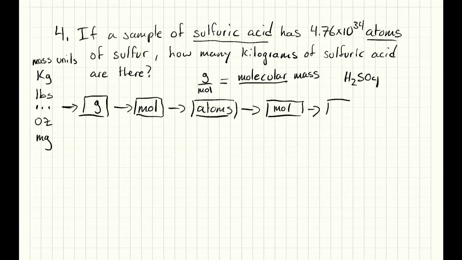We go back up to grams. Again, to go from atoms to moles, that's Avogadro's number, 6.022 times 10 to the 23. And then from moles to grams, that's where we use our molecular mass to do that calculation. And once we're in grams, we can do any of these other mass units pretty easily by converting.